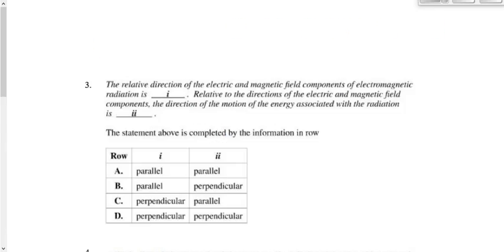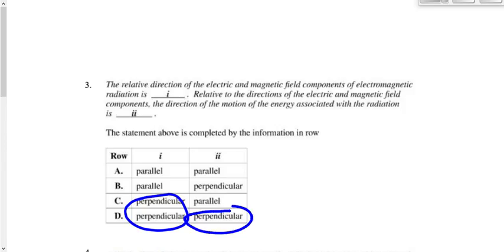3, the relative direction of the electric and magnetic field components of EMR is perpendicular. Now, perpendicular is the big word in this unit, right? In the last unit as well, really, right? When we're dealing with magnetic fields, magnetic forces, perpendicular is big as well, but especially in this unit. Relative to the directions of the electric and magnetic field components, the direction of motion of the energy is which way?